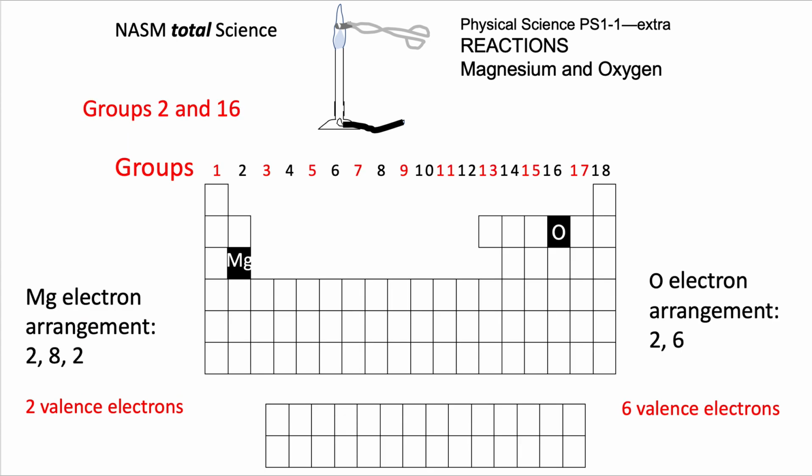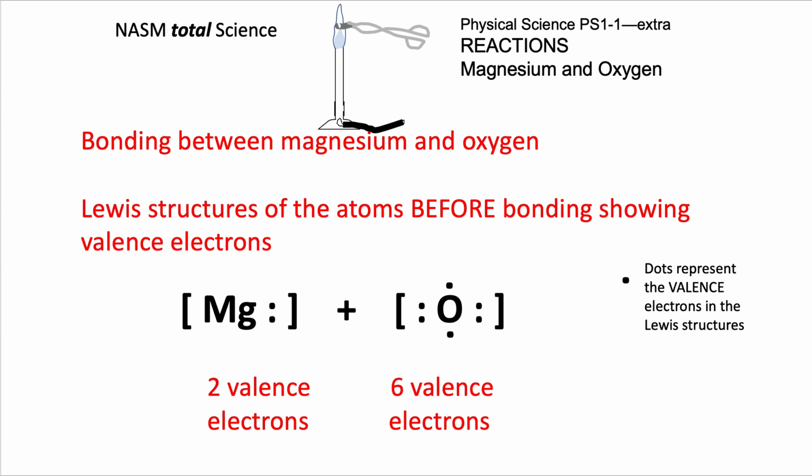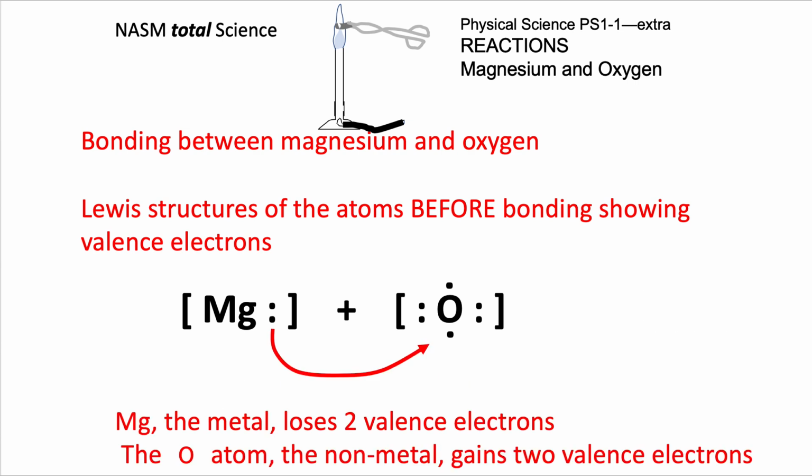So go back to the electron configurations and look at the Lewis structure. 2 valence electrons on magnesium in the atom, 6 valence electrons on the oxygen. The magnesium is going to lose those valence electrons, so the penultimate shell is now the full shell, and the oxygen is going to gain 2 to get its full shell.